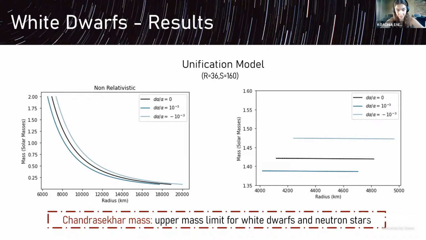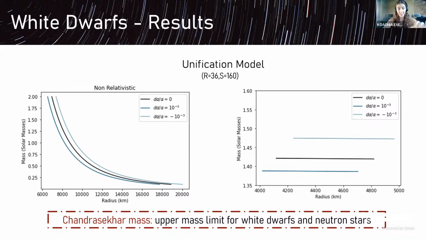So we would expect that only by having a scalar field, so only a variation of alpha, the mass would increase, right? This doesn't happen exactly, because we also have the unification model, which has a positive R value. R, as I said before, relates to the strength of the strong interaction. So a positive R means that we have an increased strong interaction, which also results in increased masses of the individual particles.